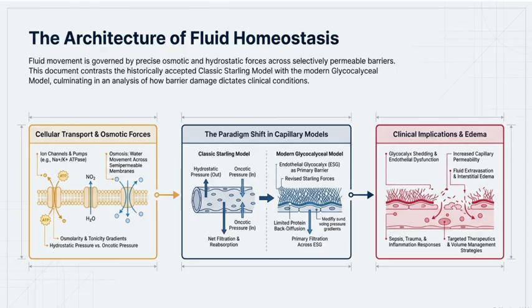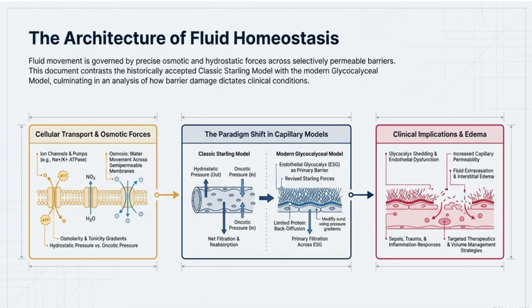Fluid movement in the body is governed by the balance of hydrostatic and osmotic forces across the semipermeable membranes. At the cellular level, transport occurs via ion channels, pumps, and osmosis. At the capillary level, the traditional Starling model describes filtration at the arterial end and reabsorption at the venous end.